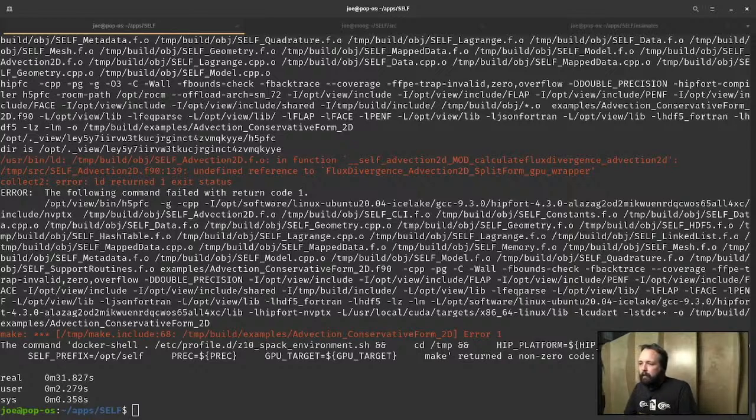All right, let's figure out what's going on here. Undefined reference to.